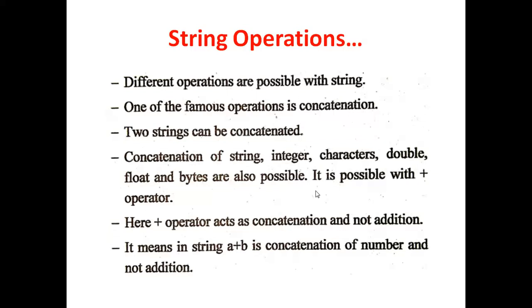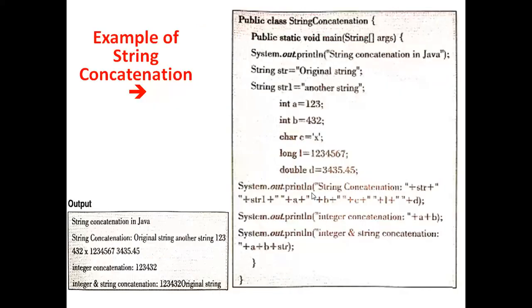Now, as we have seen how to store a string into a variable, we are going to perform certain operations, that is addition, concatenation, searching some character, or searching any word. These types of operations you are going to perform on a string, which we'll see in the next program.